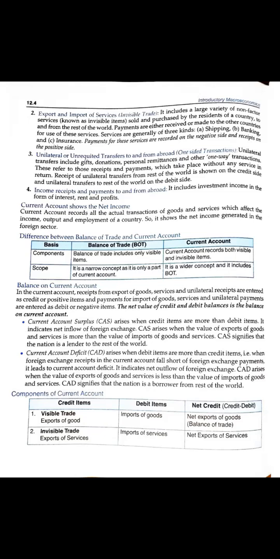Because they come under the capital account. So what is the scope? BOT has a narrow scope. Why? It focuses only on visible items, that is only tangible goods. Whereas the current account is wider, because it focuses on tangible goods, intangible goods, and also unilateral transfers.